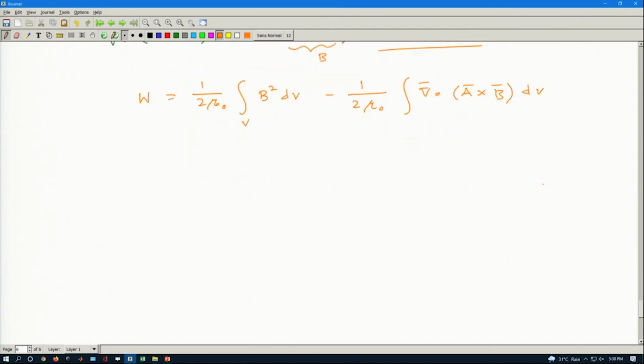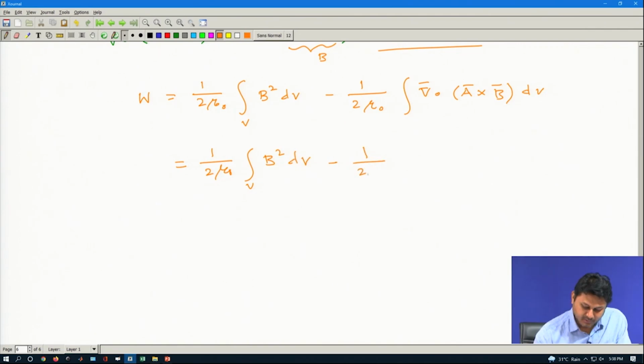Now, this divergence of A cross B I can write in terms of the first part, which is fine, and the next part, 1 by mu 0 times the closed surface integral of A cross B over the surface.